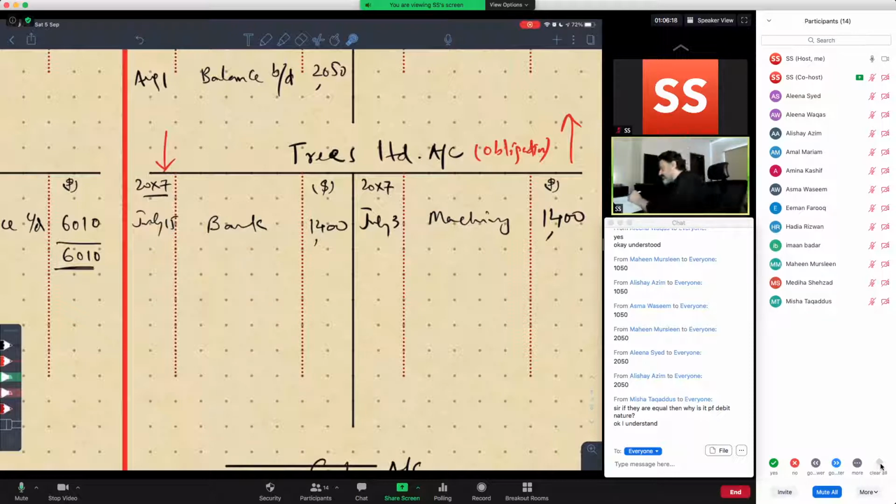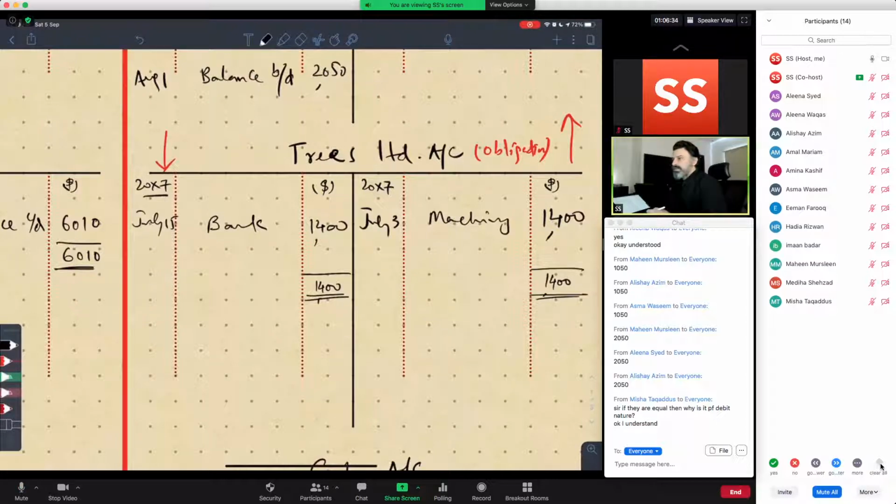And now the two sides are equal, right? So there is no balance to be inserted on any of the two sides. $1,400 here, $1,400 here. There is no balance to be carried forward from this account.